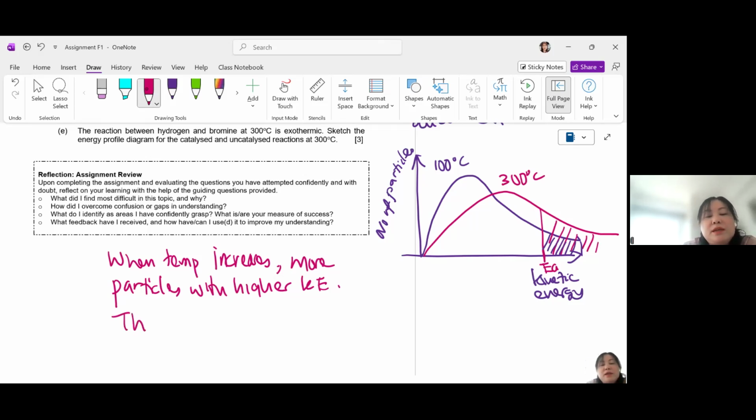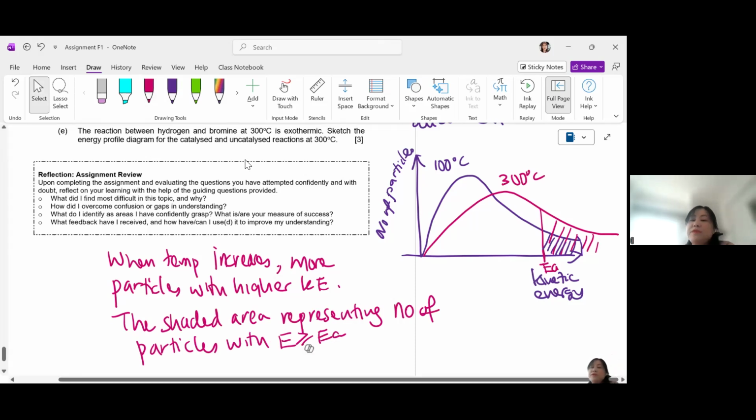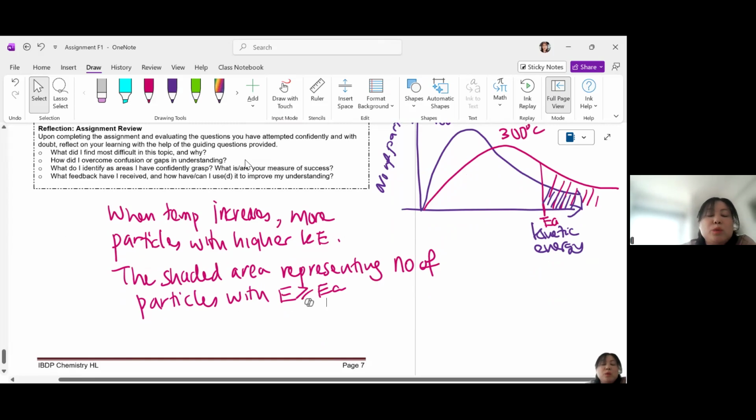So the shaded area represents the number of particles with E greater than or equal to EA.